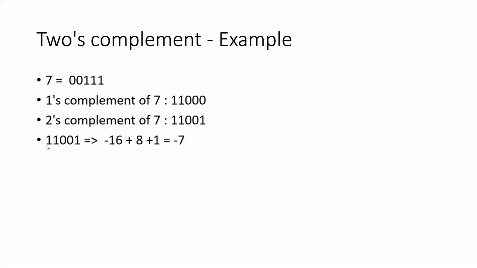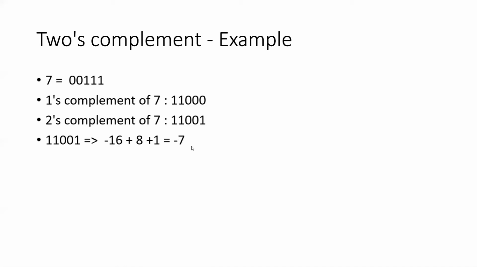It is rather -16, because we had decided that the leftmost digit shows the sign. So here it's like it is treated as -1. So this will give us -16, and this next bit gives us 8. The rest are positive. Only the leftmost bit is treated as a negative value. And we have a 1 here. So we will get -16 plus 8 plus 1, which gives us -7. So we saw that this is giving us -7.